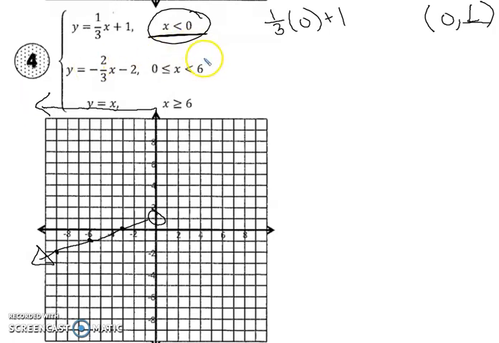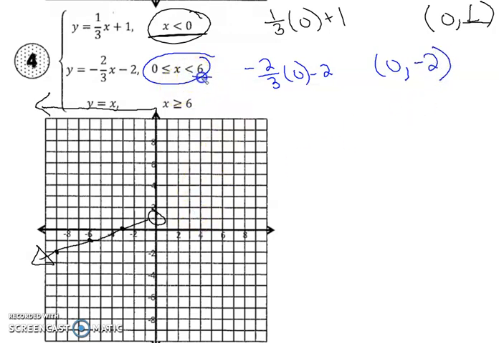I'm going to do the same thing that I did on the other one here, but I've got 2 boundaries. So I'm going to start with the 0, plug in the 0. So I'm going to have the point 0 comma negative 2. And if I plug in the 6, negative 2 over 3 times 6 minus 2, negative 12 over 3, negative 4, yeah, negative 6.